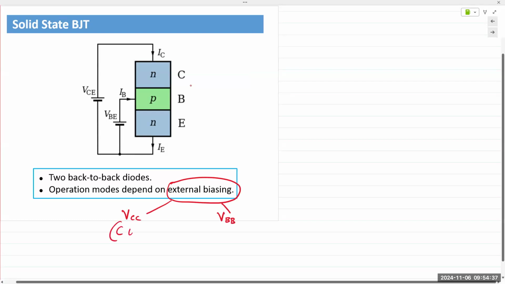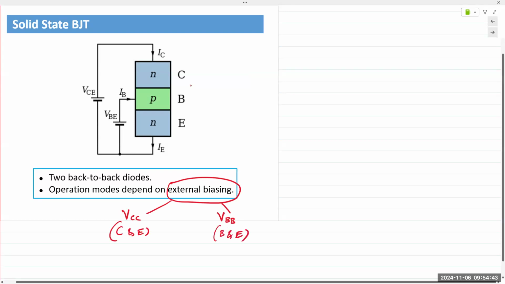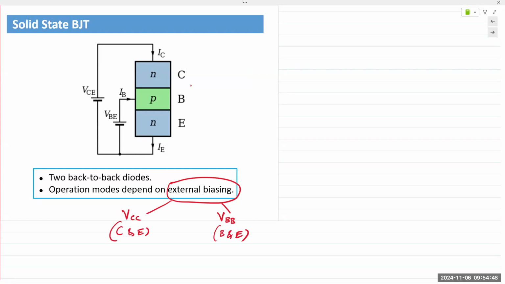VCC is between the collector and the emitter, and VBB is between the base and the emitter, or applied at the base and the collector, respectively. The resulting currents are labeled IC, IB, and IE. And the voltages are measured with respect to the emitter, so VCE and VBE.